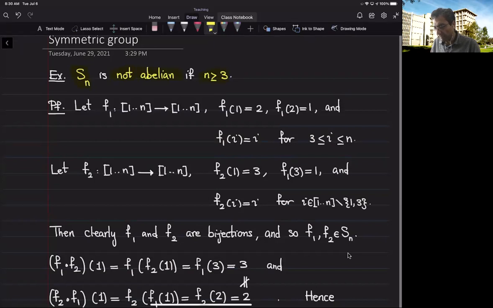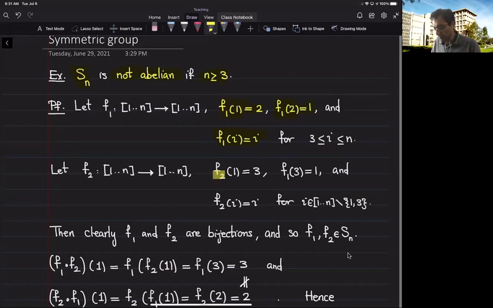So f sub 1 of 1 is 2, f sub 1 of 2 is 1, but then I'm fixing the rest. The rest are not changing at all. Now, the second function switches 1 and 3.